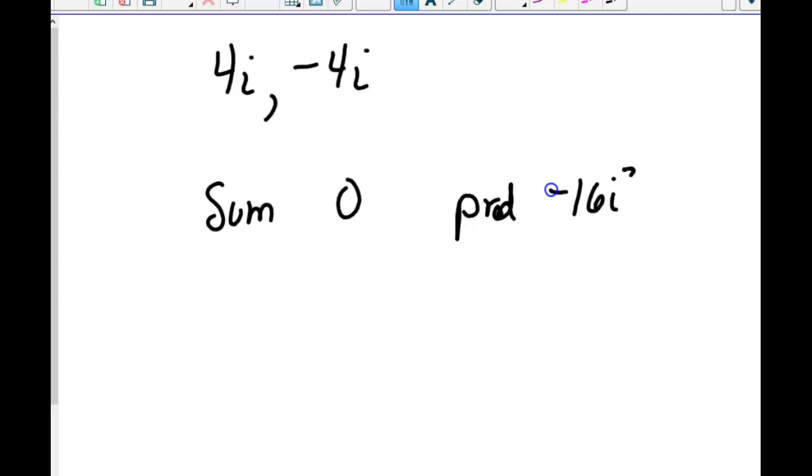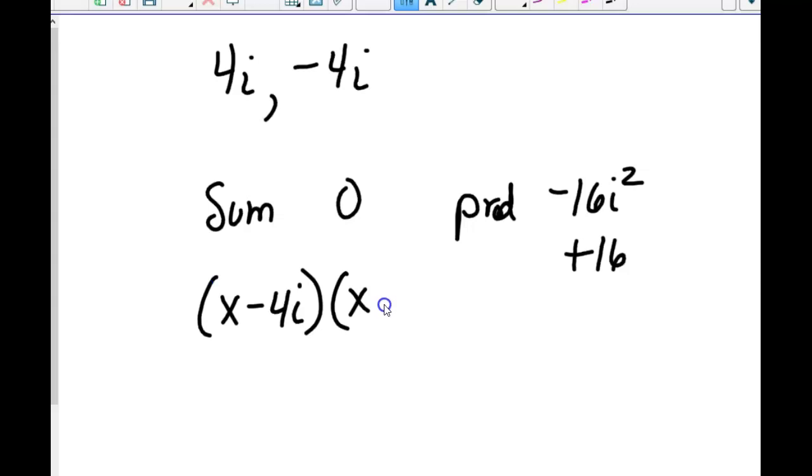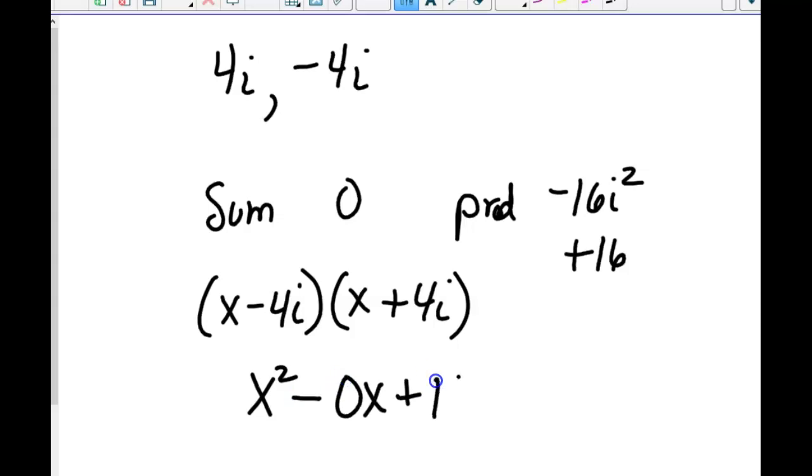Negative 16i squared, which should be positive 16 after you change that to a negative 1. So I could write it x minus 4i and x minus negative 4i, which would be plus, and it would FOIL together to be x squared minus the sum x plus the product. Is that true?